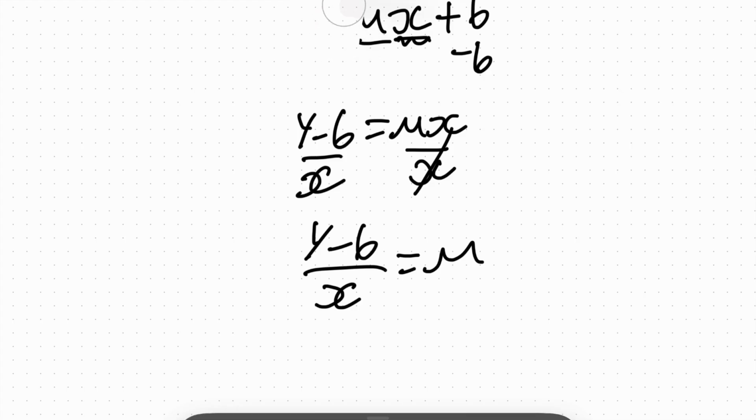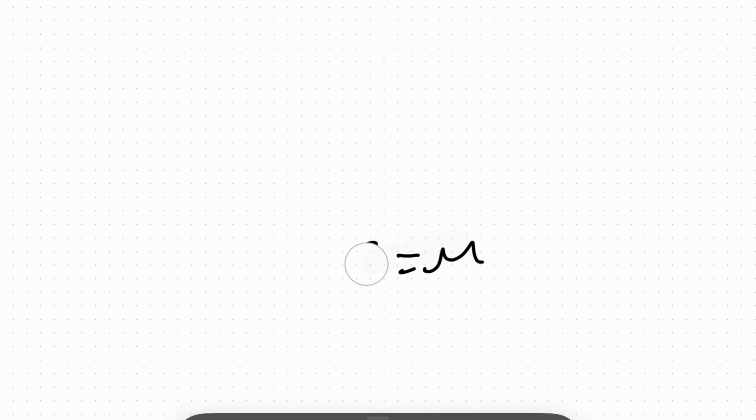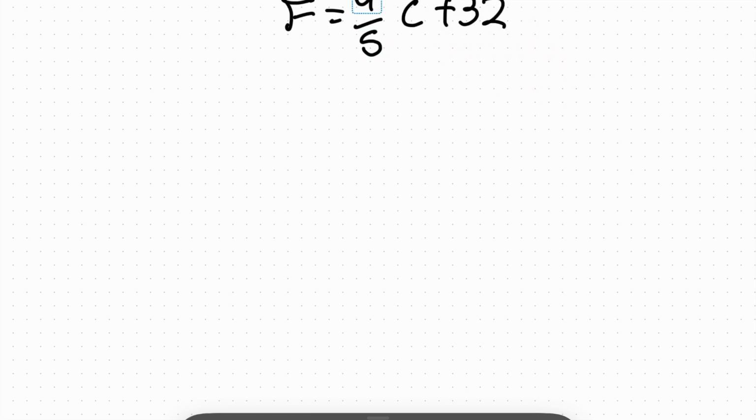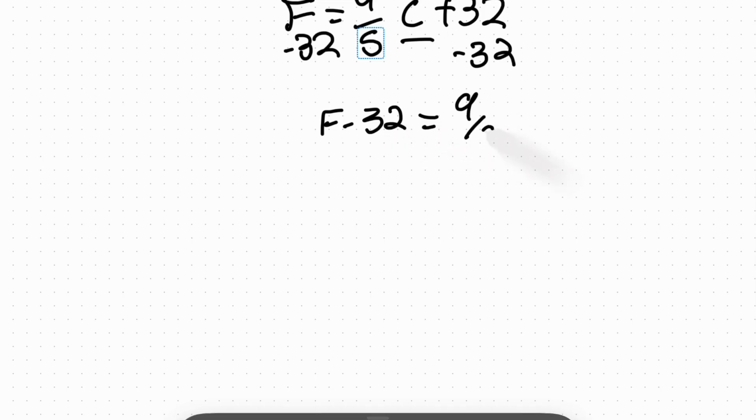So now we're going to see one that's really useful just in everyday life. It's going to be the temperature conversion formula. It's going to be F for Fahrenheit equals 9 over 5 Celsius plus 32. So you can see we have some numbers in it, but we're still trying to solve for C. We're trying to get C by itself. So let's start by subtracting 32 from both sides. So F minus 32 equals 9 over 5C. Now we want to multiply both sides by 5 over 9.